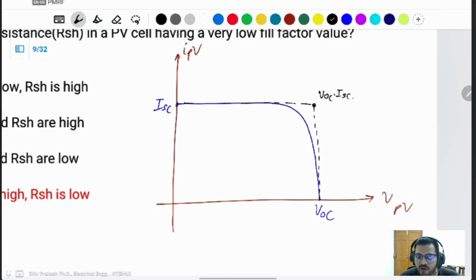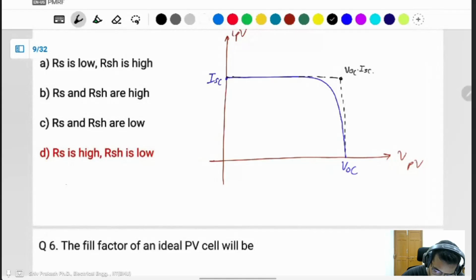This is the maximum power generated from the PV cell. And fill factor gives the merit of good or bad. It is the maximum power, VMP into IMP, divided by open circuit voltage into short circuit current.